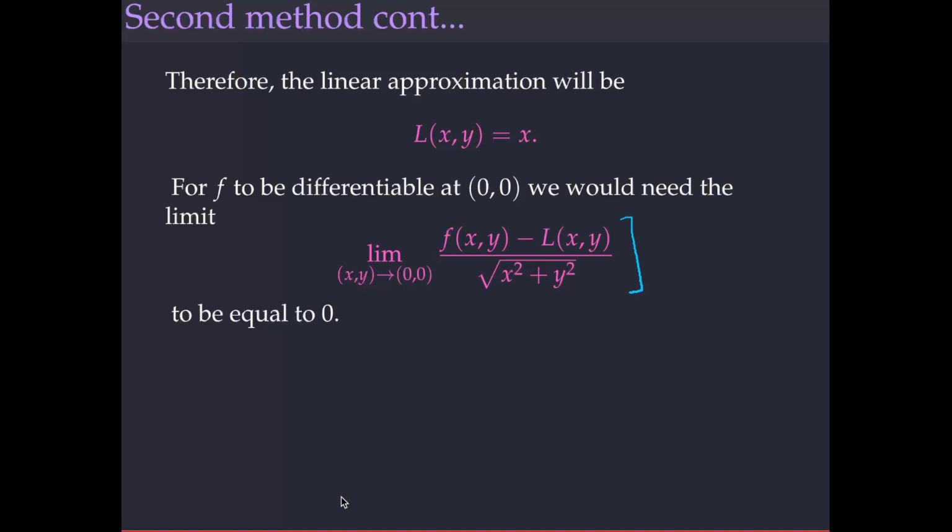Because if the function is differentiable, then the higher order terms in the limiting sense will go to 0. Therefore the only term that will survive is the linear approximation, because that is the function. So this limit has to be 0.